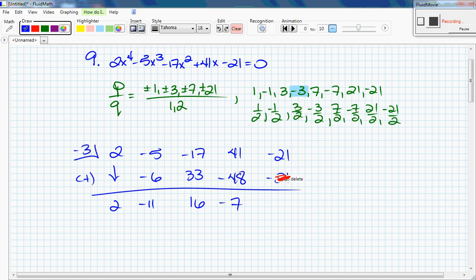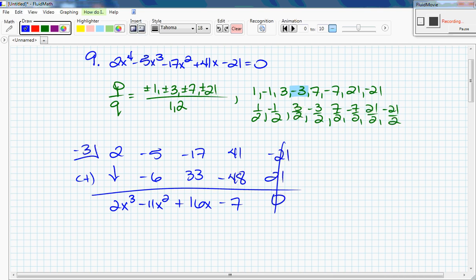Should be negative, sorry, so this will be positive. Alright. So this is 0. So what we've done is taken this from a 4th degree polynomial down to a 3rd degree polynomial.